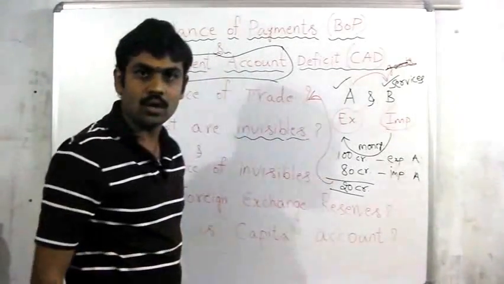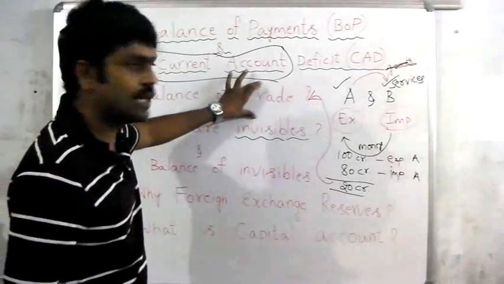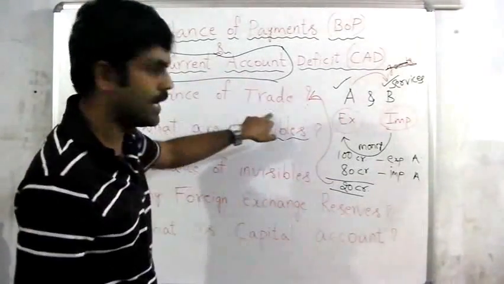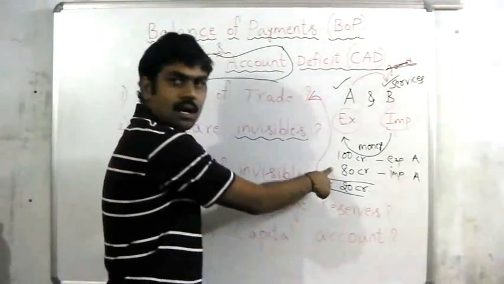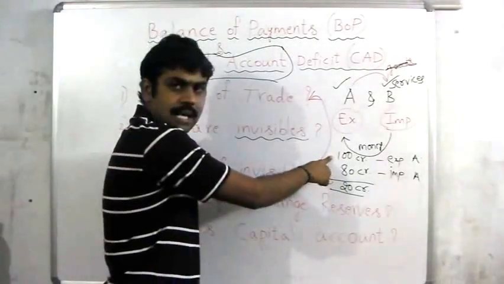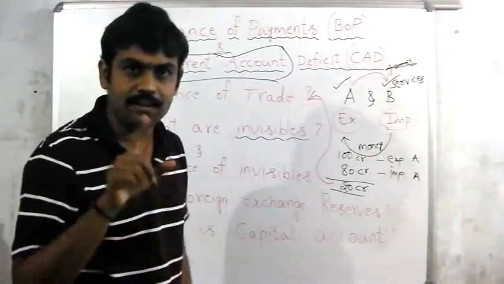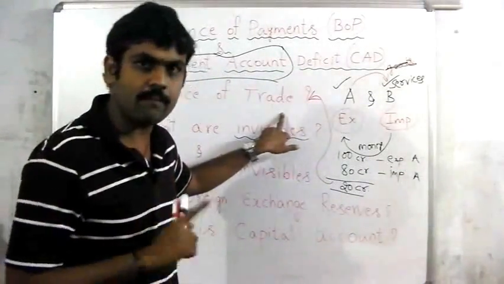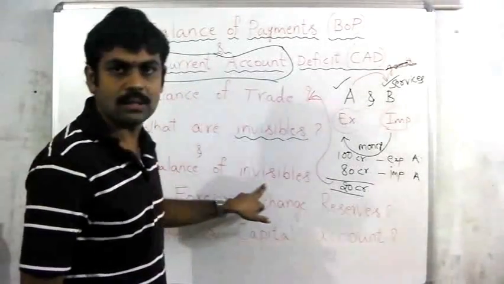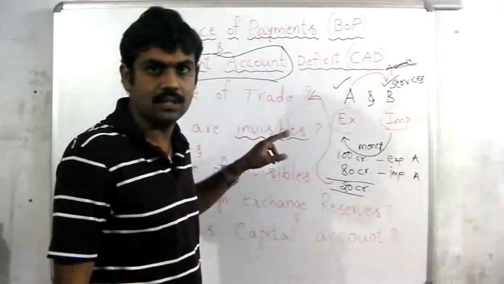So I told you about the deficit in balance of trade. That is, if the value of imports is much and the value of exports is less, that is a negative balance, then that is called a deficit of balance of trade of goods. In the same way, for the balance of invisibles also there will be either surplus or deficit.